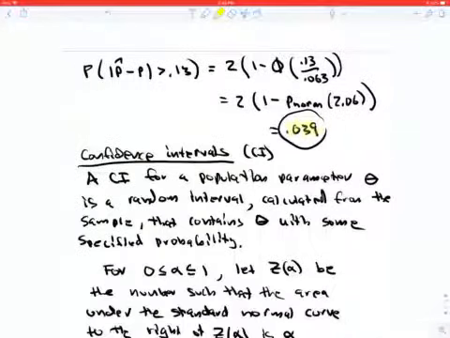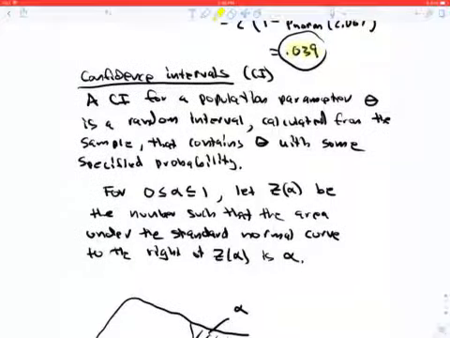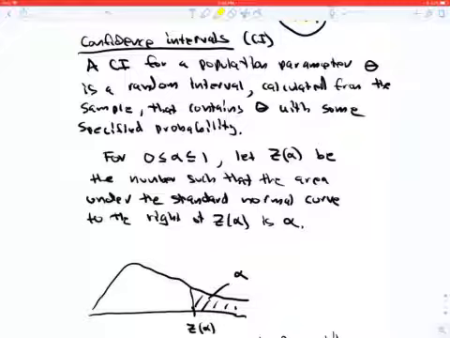You're all getting tired at this point, but I showed no mercy, and we just continued on to discuss confidence intervals. So this is really a sort of theoretical construction here, and what we're doing is we're setting alpha, which is going to be our level of significance, some number between 0 and 1.